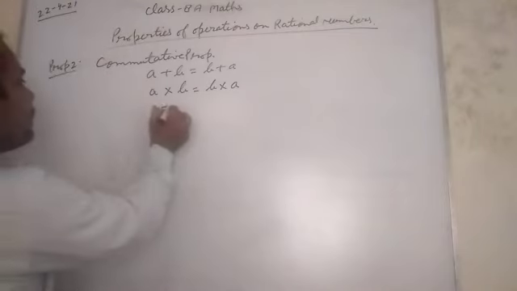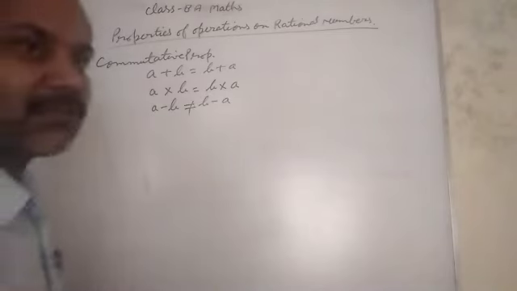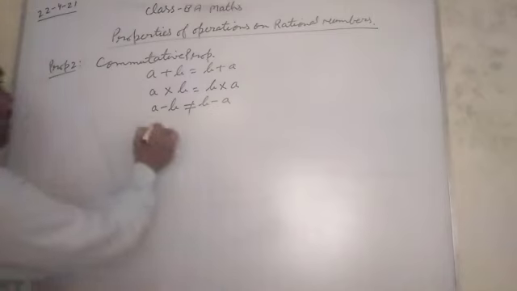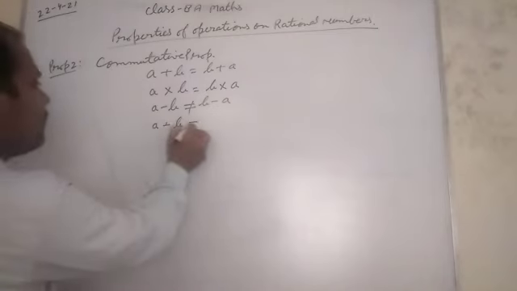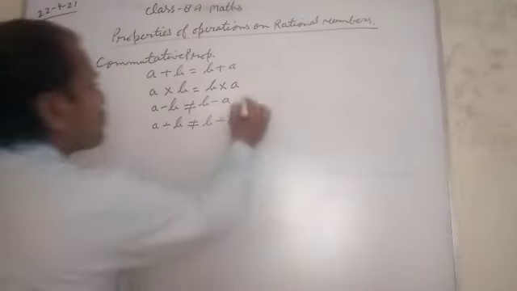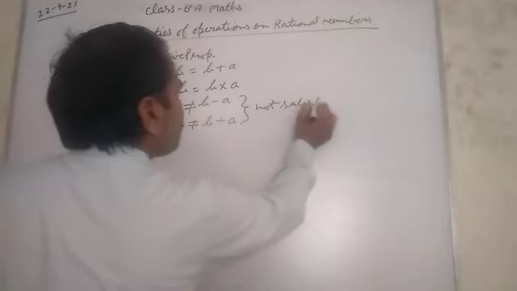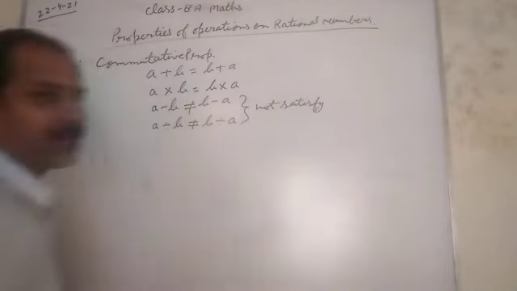But for subtraction, A minus B is not equal to B minus A, and for division, A divided by B is not equal to B divided by A. So these two properties are not commutative.